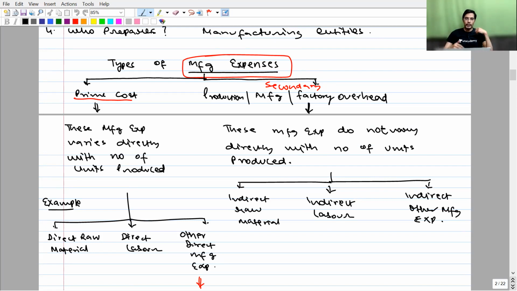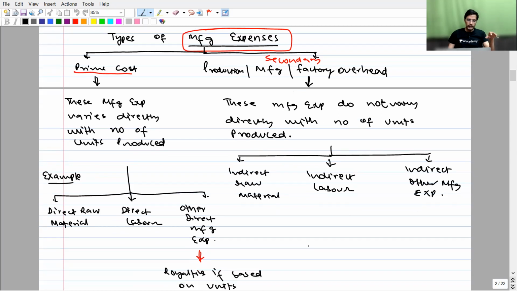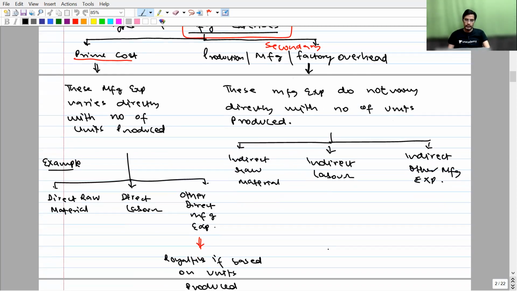The more units you produce, the more will be your manufacturing expenses. So any manufacturing expenditure which increases and decreases with the number of units produced, or which is based on the output, is called prime cost.